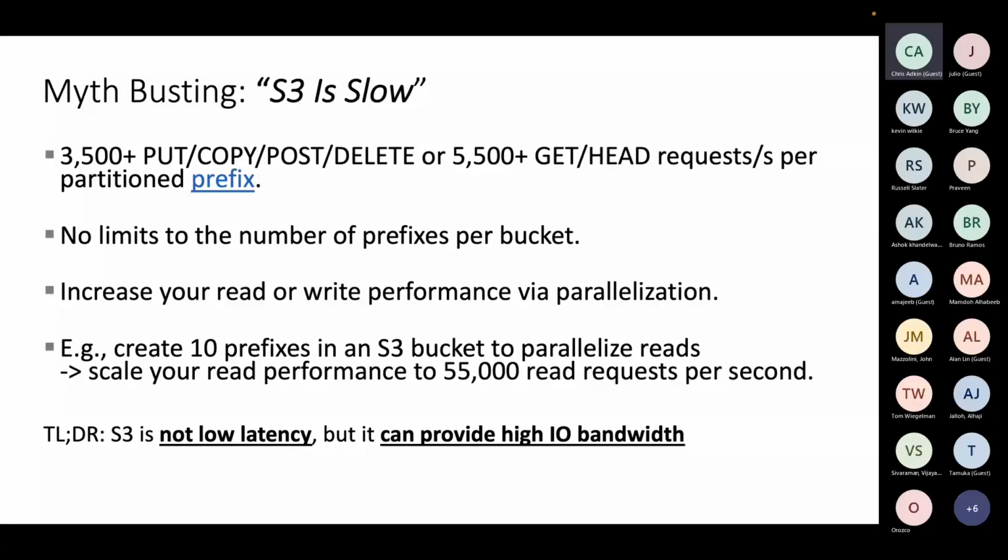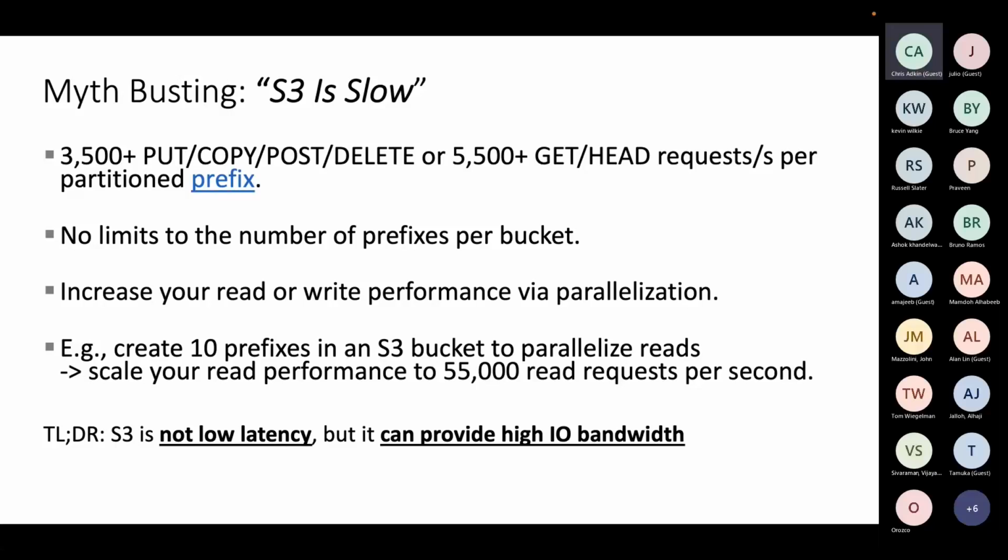And part of that is because it was never designed for that use case. Its original use case was to store static web content. Okay. Also, I mentioned that it's accessed via HTTP and HTTPS. They are absolutely not low latency storage protocols. However, if you're talking about I/O bandwidth, the story is completely different.